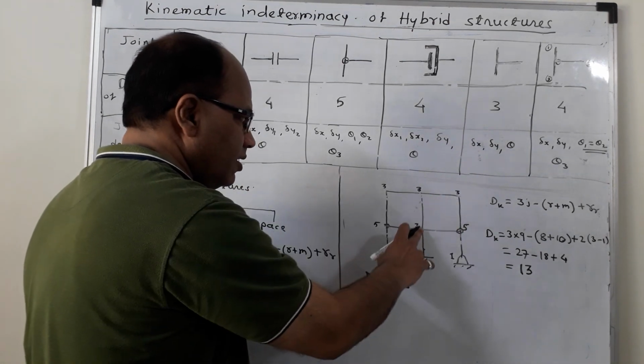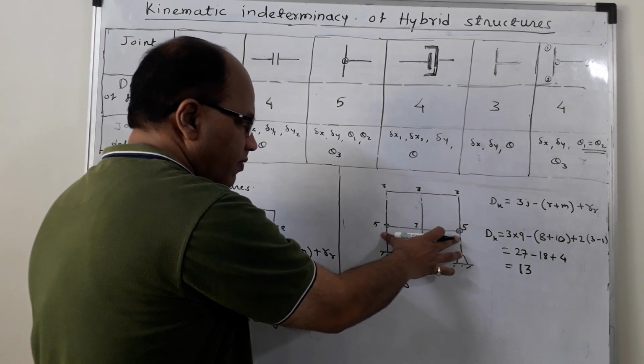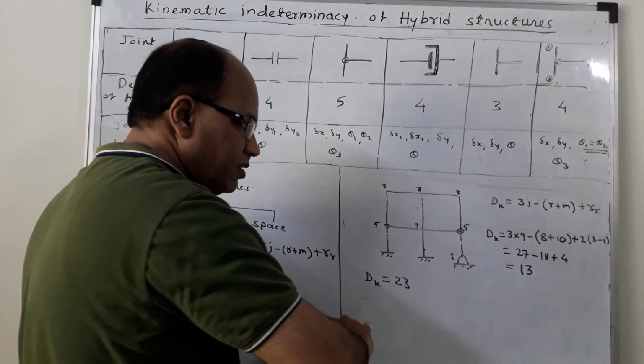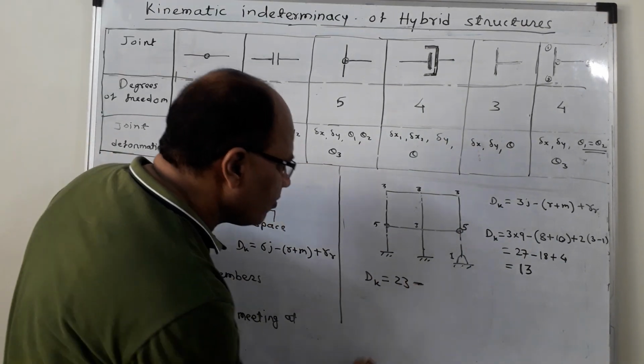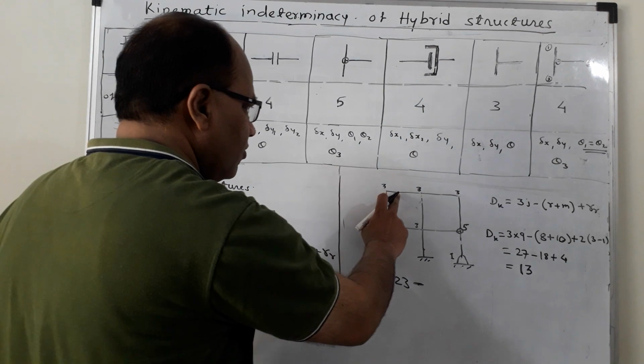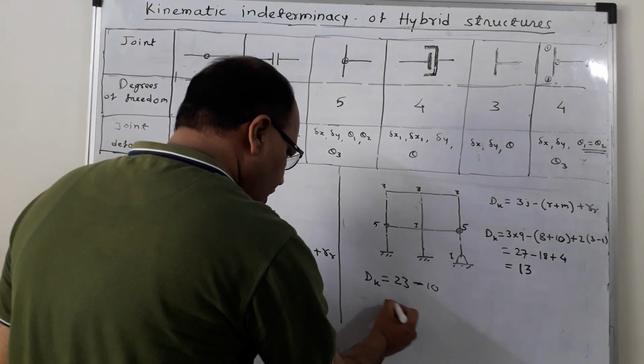So if I add them together, 12 plus 10 is 22, plus 1 is 23, minus the number of members. The number of members is equal to 10, and dk is equal to 13.